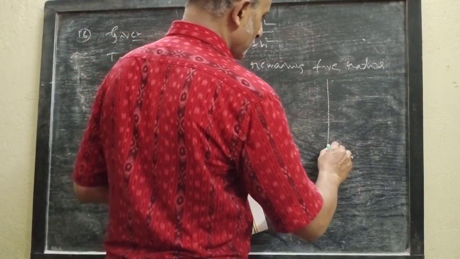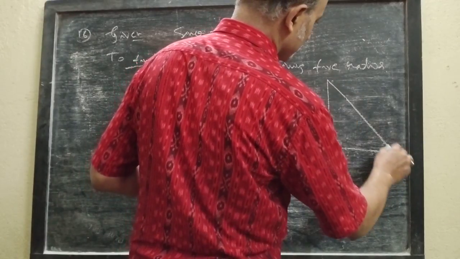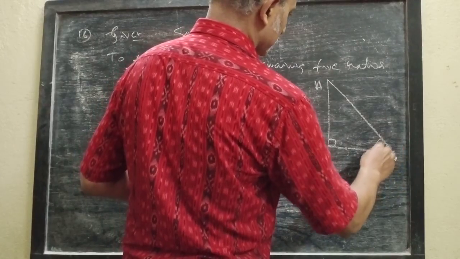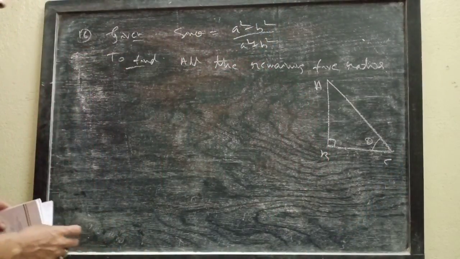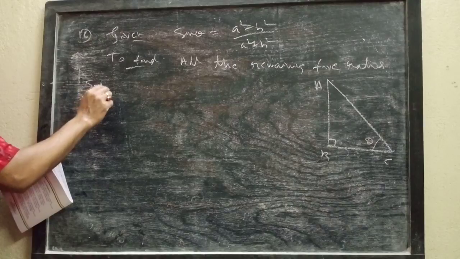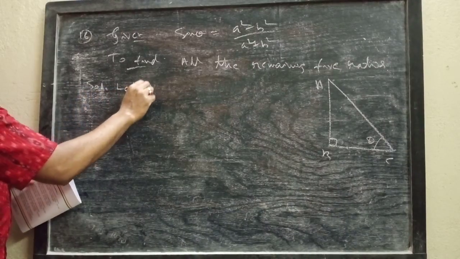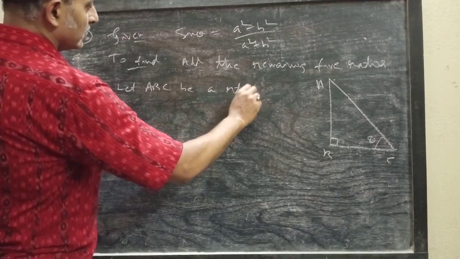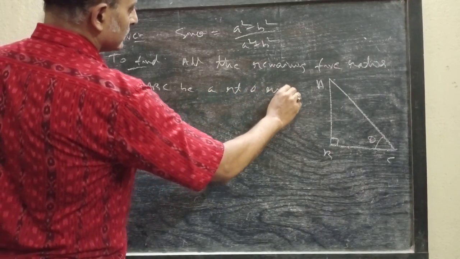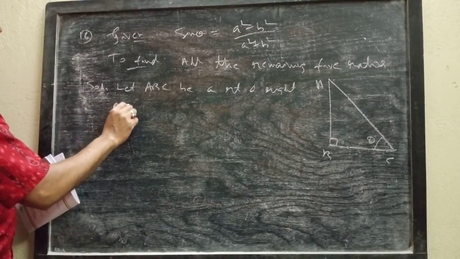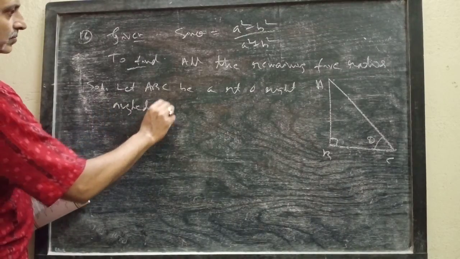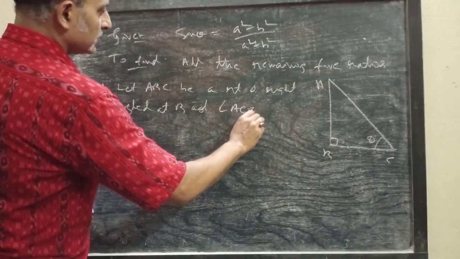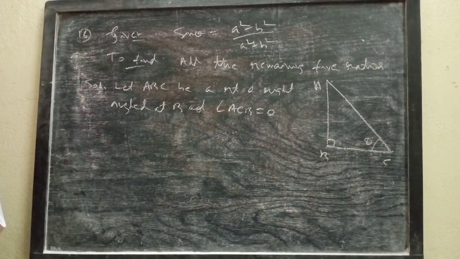Just draw a right triangle. Solution. Let ABC be a right triangle, right angle at B and angle ACB is theta.